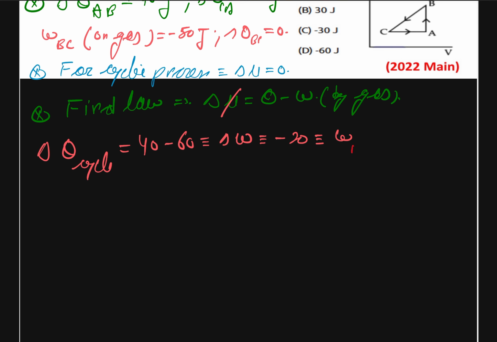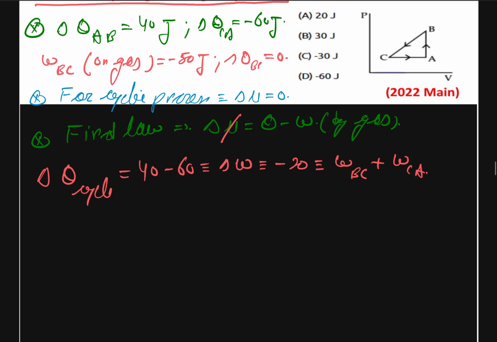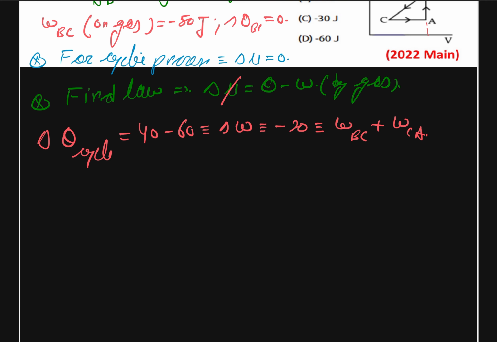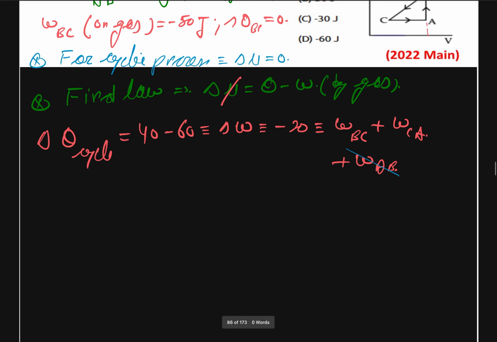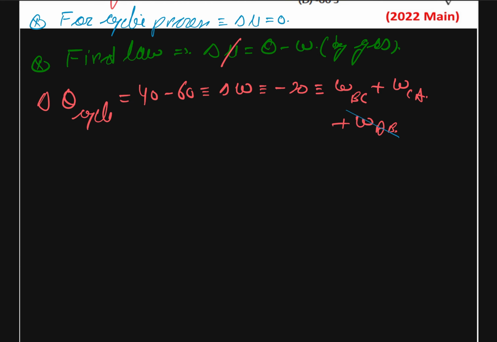And the work done for the entire cycle we can also write as work done for BC plus work done during CA. Because here AB is basically a constant volume, so work done during AB will be equal to 0. Anyways, we can just write it if required, but that work done for AB will be equal to 0. So we can write the equation that W_BC plus W_CA is equal to minus 20.